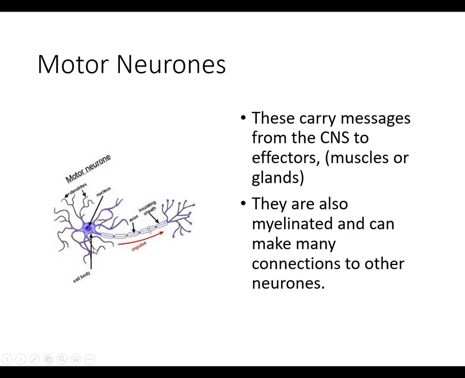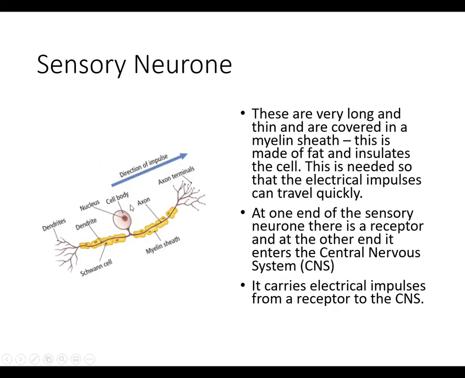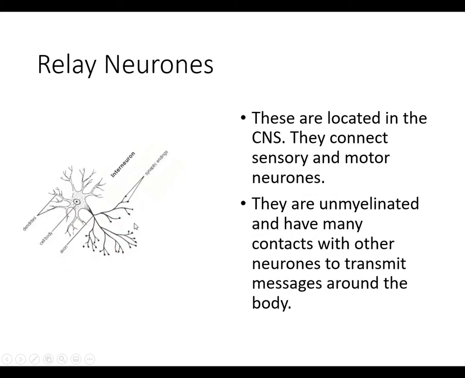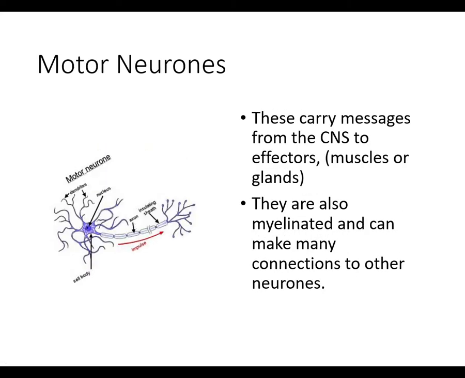So the motor neurone has a slightly different shape. You can see here, this is what we call the cell body. This is the nucleus. It's at one end, whereas if you go back to the sensory neurone, you can see it's sort of stuck up about halfway along. So that's how we can tell the difference. They take nervous impulses from the central nervous system, where this is located, all the way down to the effector.